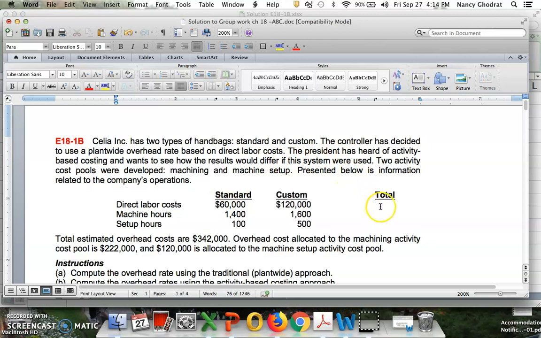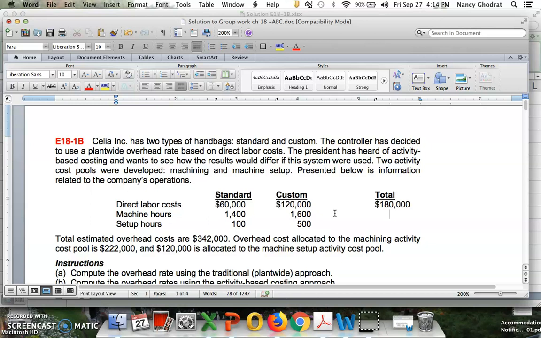So first, we're going to add up the total for direct labor hours for the entire company. In this case, 60K plus 120K is 180,000. Let's also do the machine hours total as well.